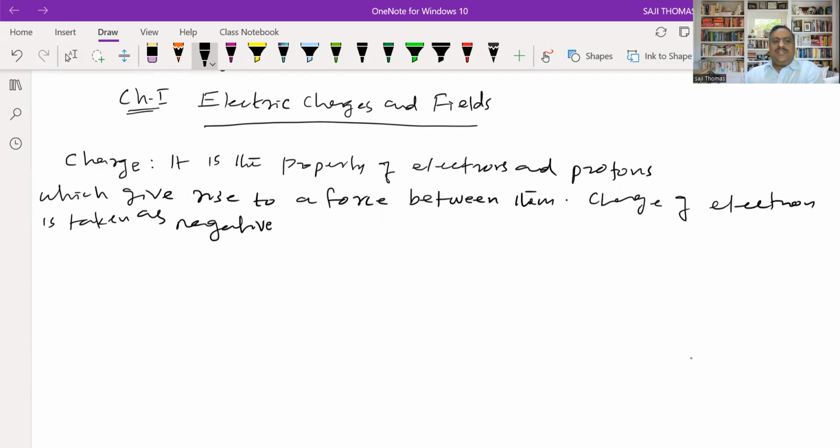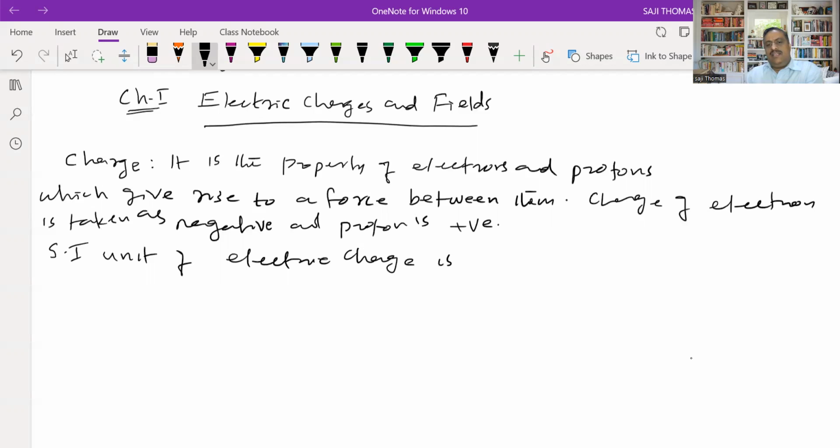Charge of electron is taken as negative and proton is positive. And charge is a quantity that is measurable. The SI unit of electric charge is coulomb. We use capital letter C for it.